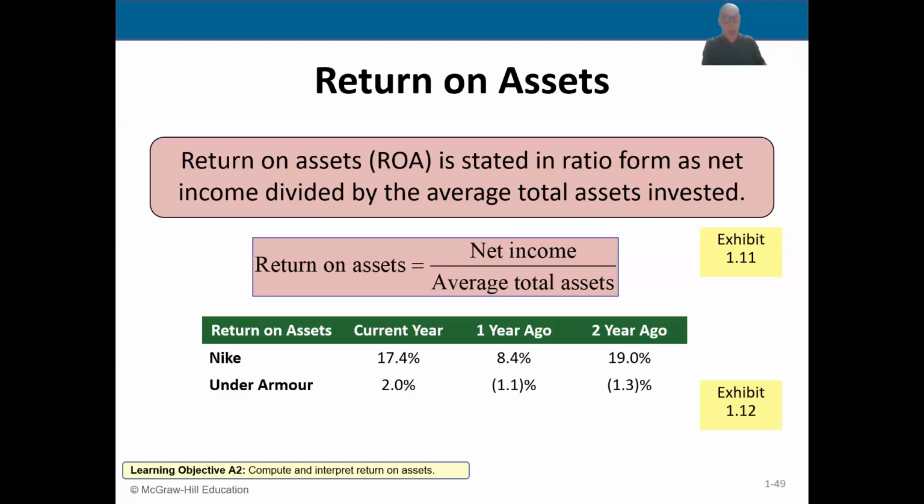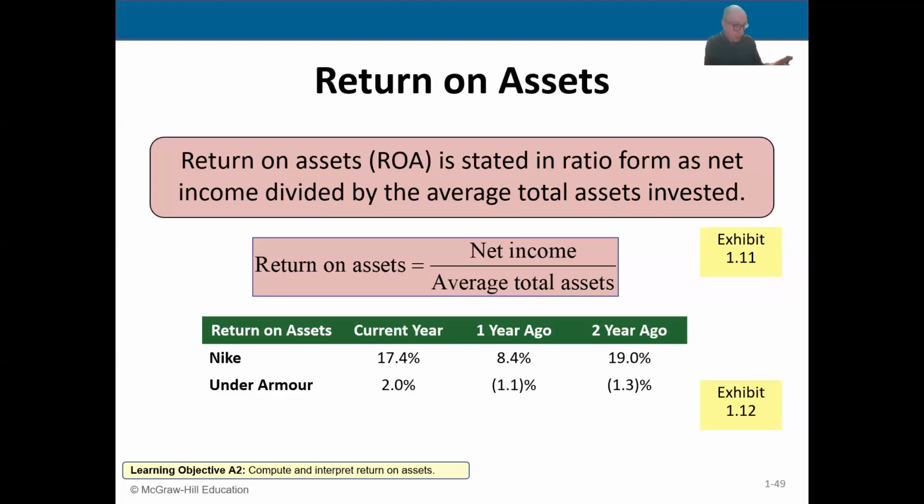It tells us how efficient the business is at using our assets to help us generate revenue, sales. The way that we calculate that is we take our net income, which is found at the very bottom of our income statement, divided by what we call average total assets. The word average in accounting means the average of two.